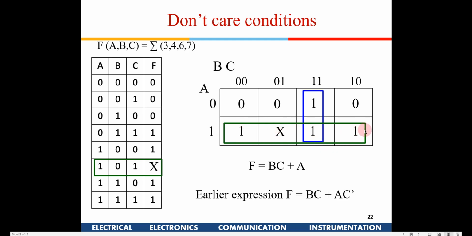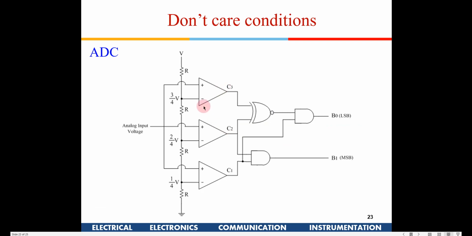Instead of taking 2 boxes, if I put 1 here, I can make a single box. If I put a single box, my expression simplifies. Is it okay, Sachin? Is it understood? Whenever there is a don't care, we can use it to our advantage, whether we want to use it as 1 or a 0. I'll give you more examples on this also.